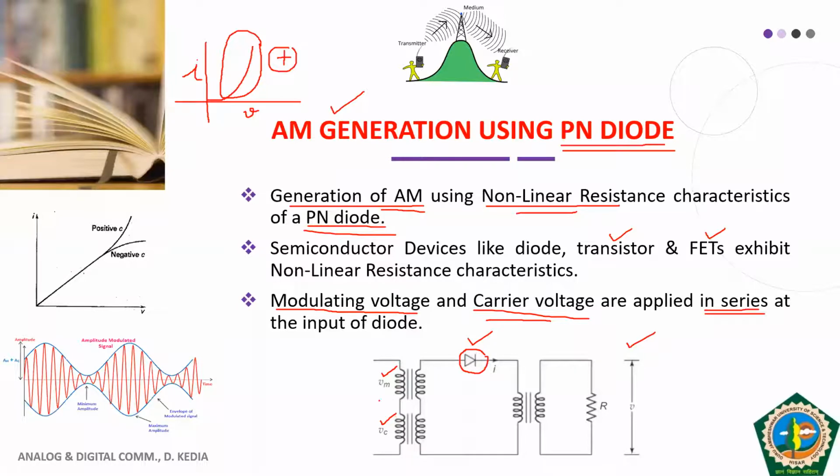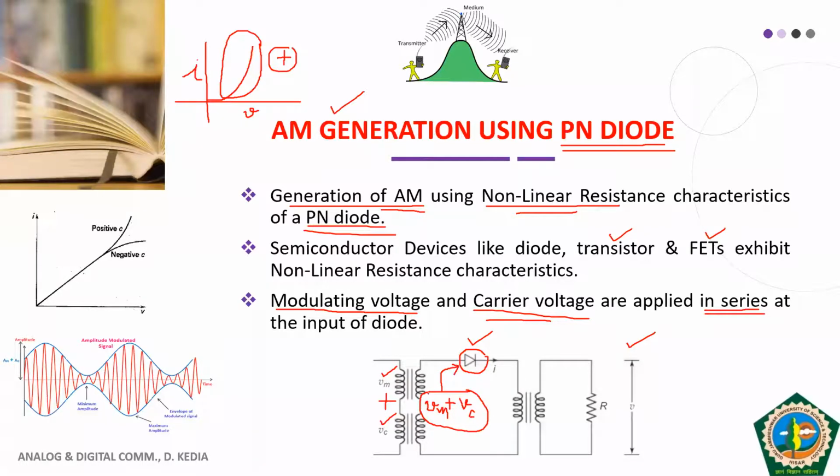So obviously we have VM plus VC at the primary of this transformer, and this VM plus VC will be induced at the secondary of this transformer. So we can see that VM plus VC, the sum of these two signals, will be applied to our diode.